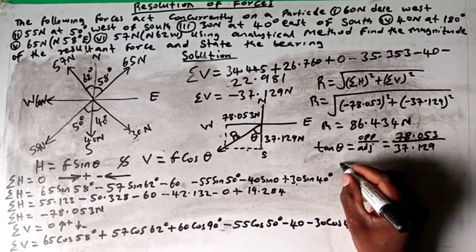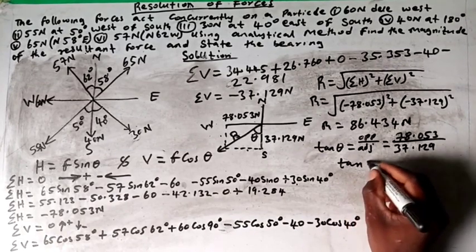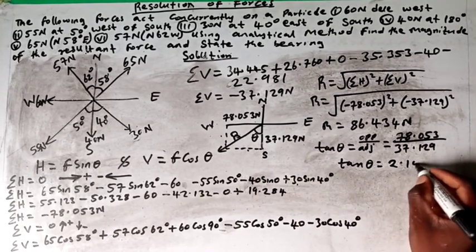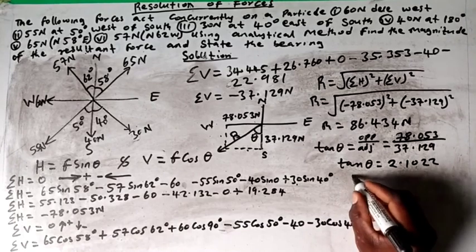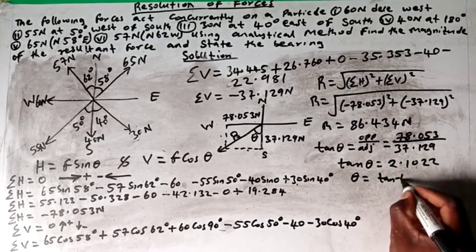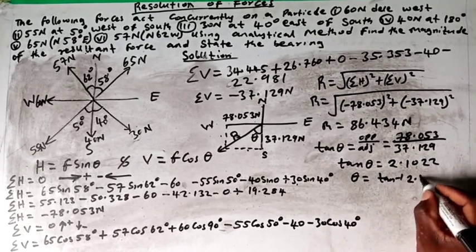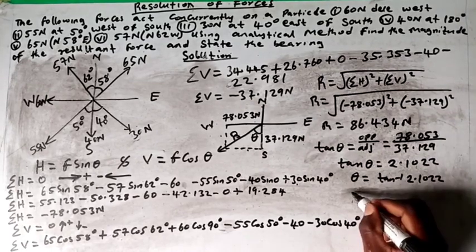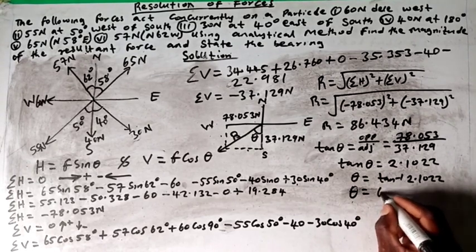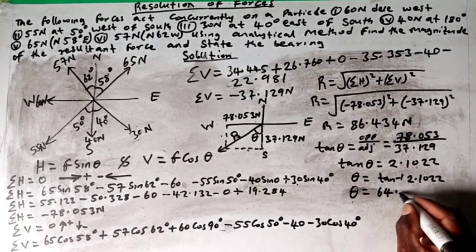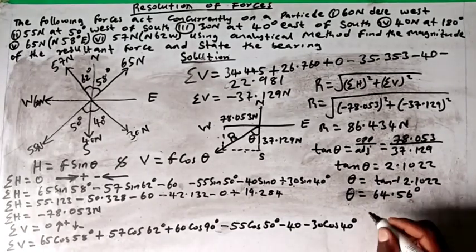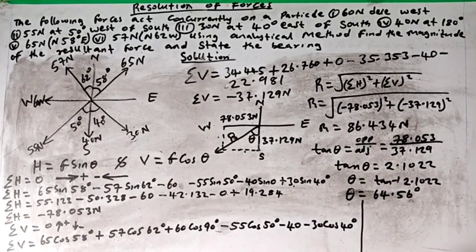So our tan theta will now be equal to 2.1022, such that theta will be equal to arctan of 2.1022. Our theta will now be equal to 64.56 degrees.